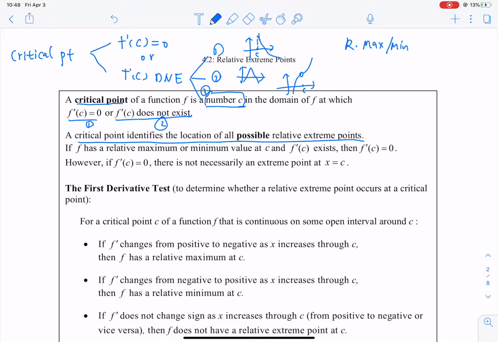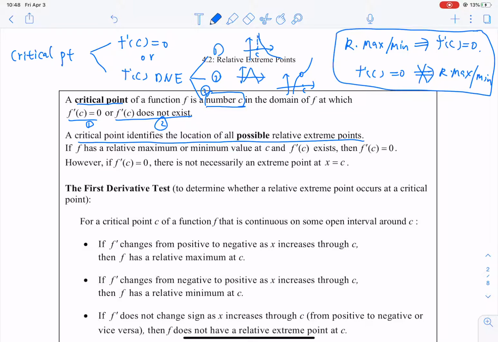If we know this point is a relative maximum or relative minimum point, then we know the corresponding derivative must be 0. But if we know f prime of c is 0, it does not mean that the function has a relative maximum or relative minimum. So this is not an if and only if condition.